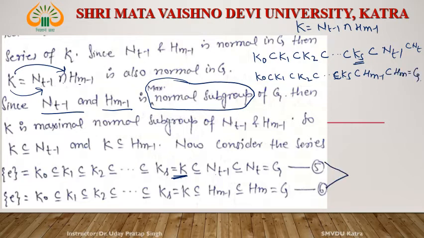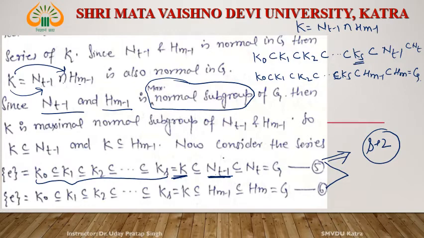See these two series, 5 and 6, right? Remember, what is the length of 5? The length of 5 is s plus 2. Why s plus 2? How many terms from here to here? s plus 1, and one more term, N_{t-1}. So s plus 1 terms plus 1 term.